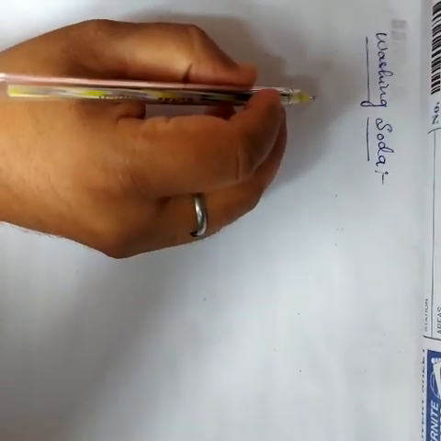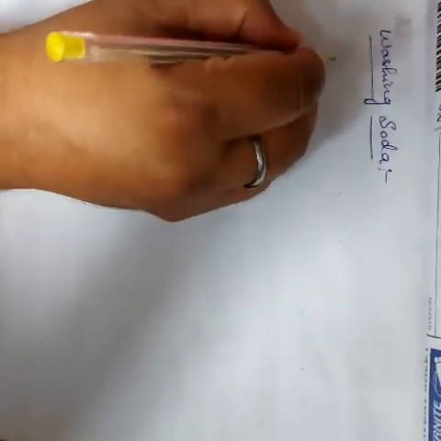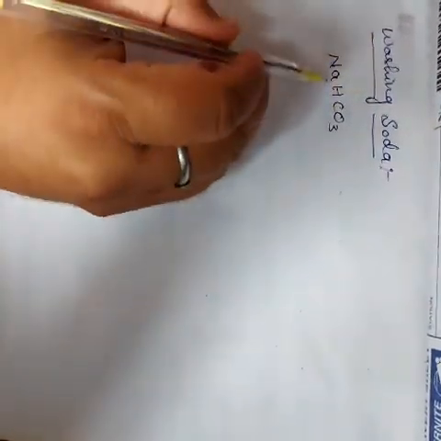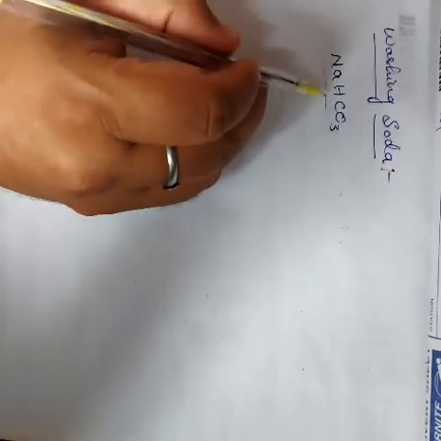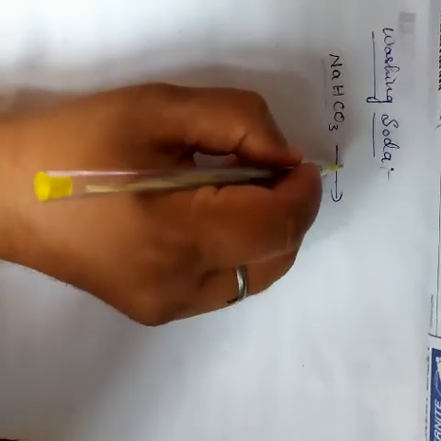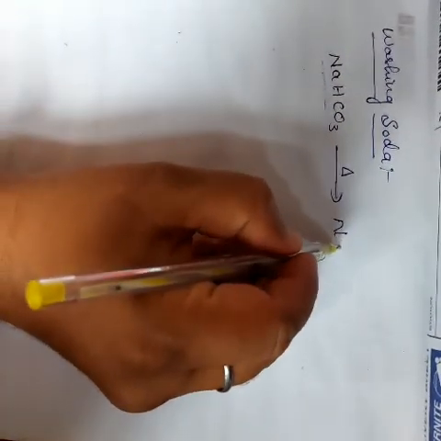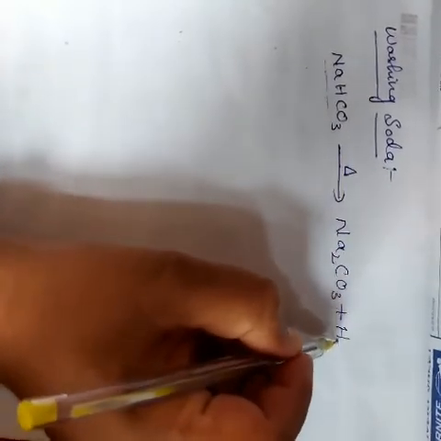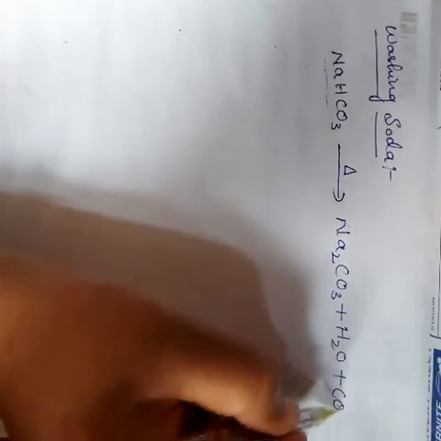So again you write NaHCO3, which is baking soda. On heating, what do we get? Sodium carbonate, with the release of water plus carbon dioxide.